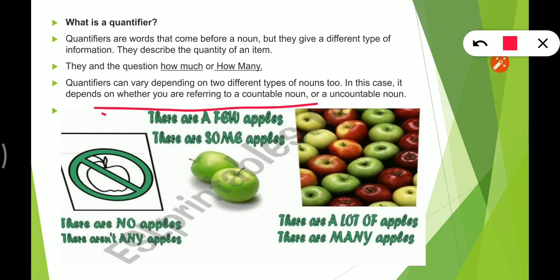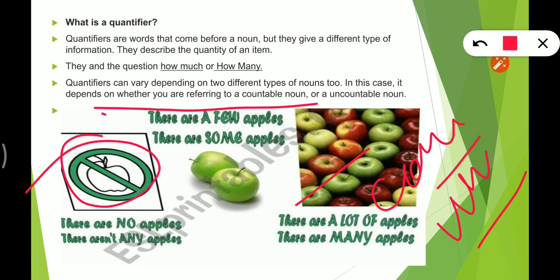I want to tell you, you can say this is of two types, one for countable and other for uncountable, right? Now look at the picture here. Approximately no apple. Okay, so the answer can be there are no apples or there aren't any apples.